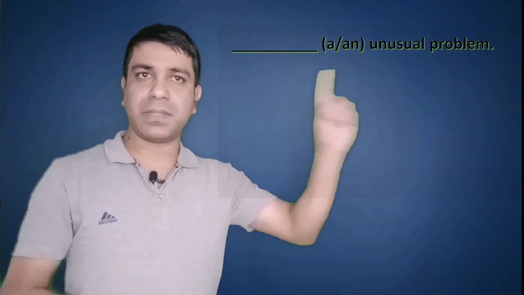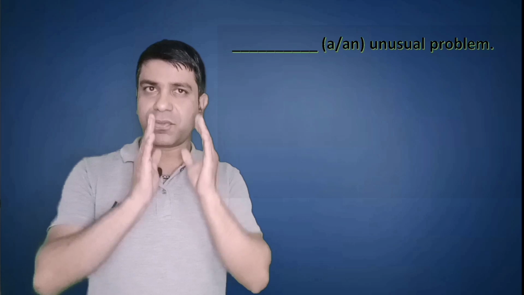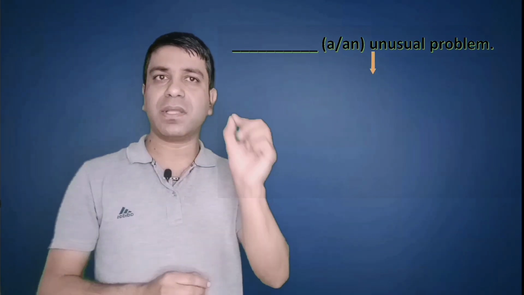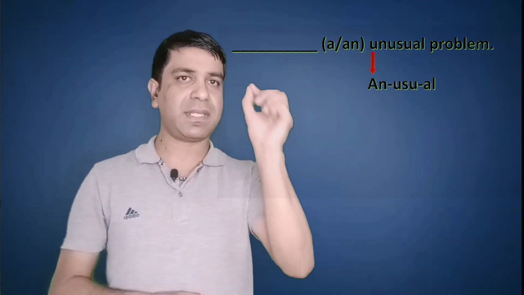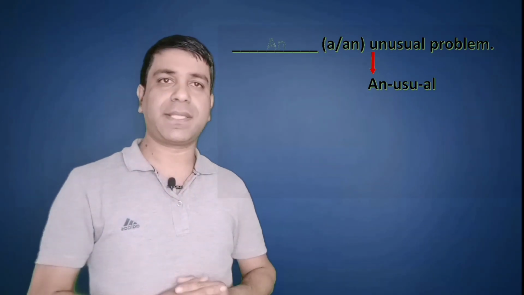Can you fill up this blank with a or an? Is it a unusual problem or an unusual problem? If you are thinking an is the right choice, then you are right. The sound of U in the word unusual is "uh", unusual. So an is the correct option.